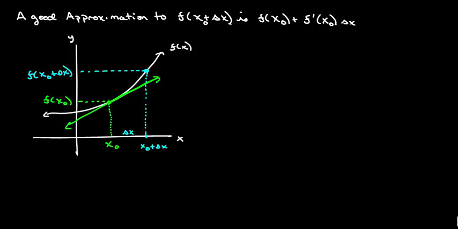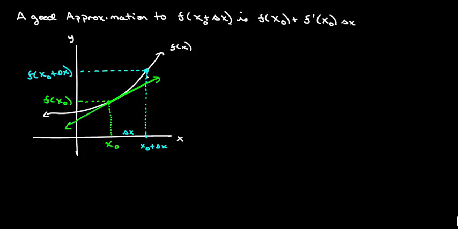Now the big picture is that this tangent line is relatively close to this point. And the smaller delta x is, the closer this blue point will be to this green line.